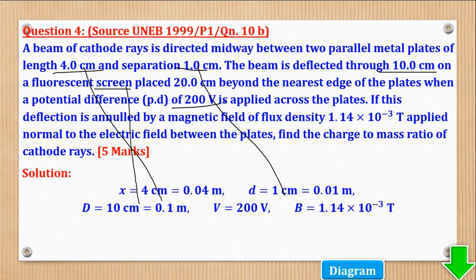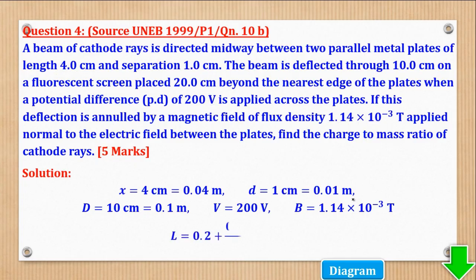Then PD between the plates, that is V. Then magnetic flux density, it's that. Now capital L will be, now in meters it was this 20, in meters it becomes 0.2. Then this is this one, half of this gives this part. So when I add the two, I come up with this, that is capital L.